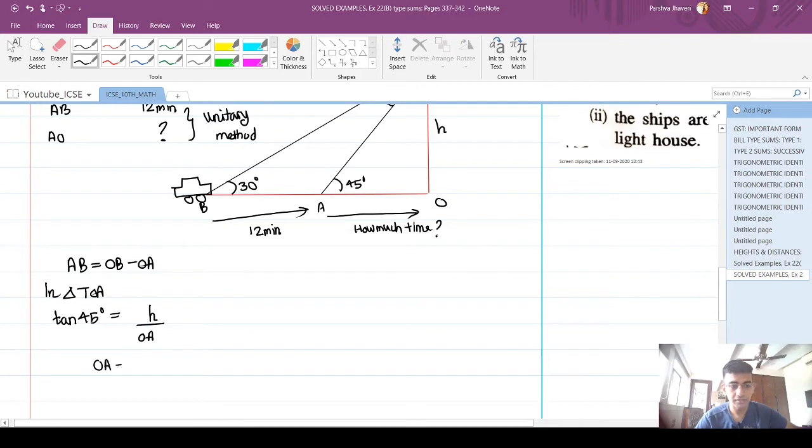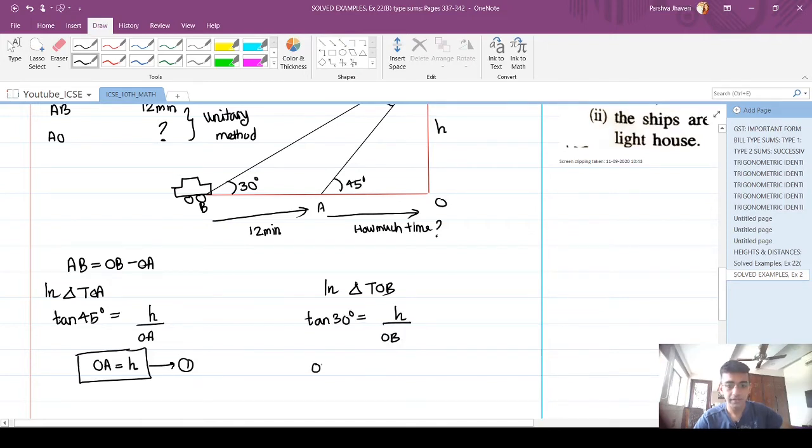So OA is equal to H. This is our first equation. In triangle TOB, we get tan 30 degrees is equal to opposite upon adjacent OB. So we get OB is equal to H into root 3, because tan 30 is nothing but 1 by root 3. Root 3 shifts to the other side and becomes multiplication. This is our number 2.